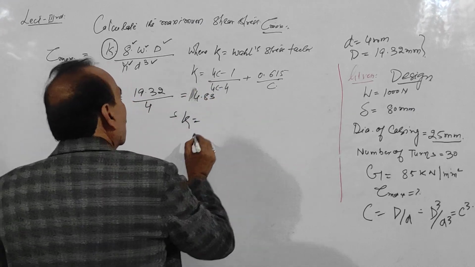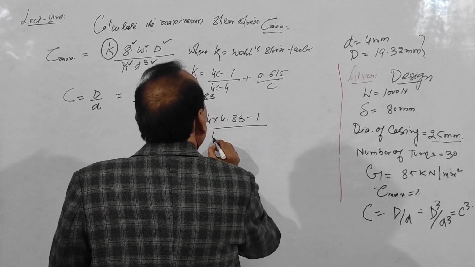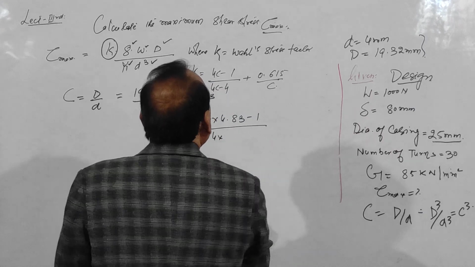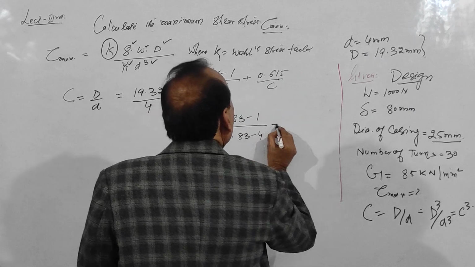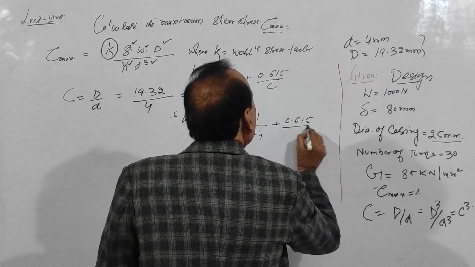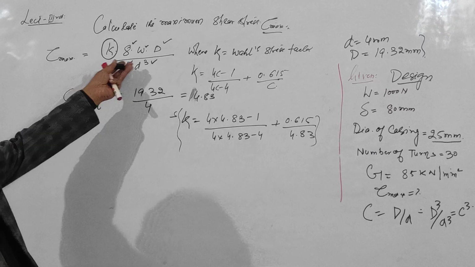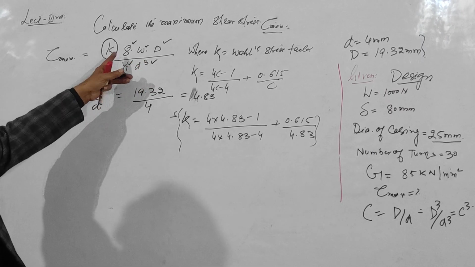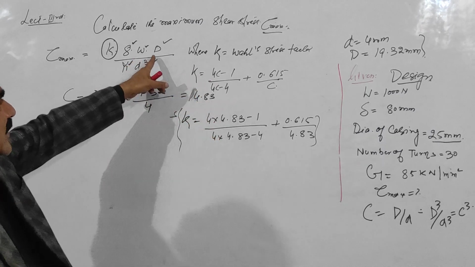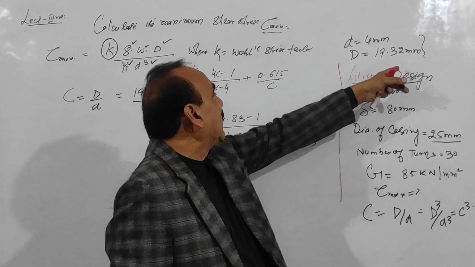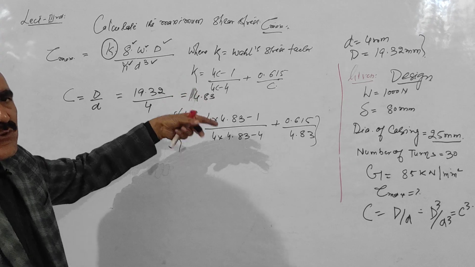K is equal to 4 into 4.83 minus 1, over 4 into 4.83 minus 4, plus 0.615 divided by 4.83. तो जहां से आप K की वैल्यू निकालो and you substitute all the values here. K is given, 8 is given, W the actual load that you will take 1000 Newton, and D is the diameter that we have calculated 19.32, pi and d 4 mm. So you substitute all the values and calculate your problem.